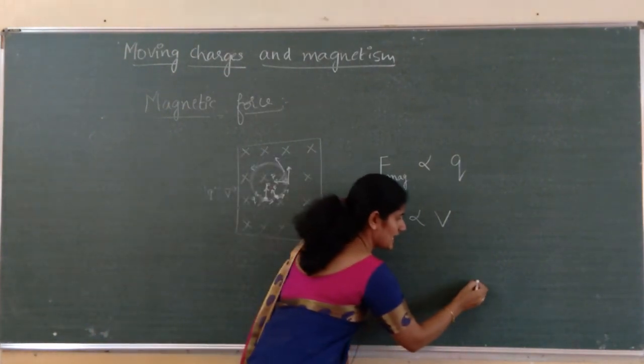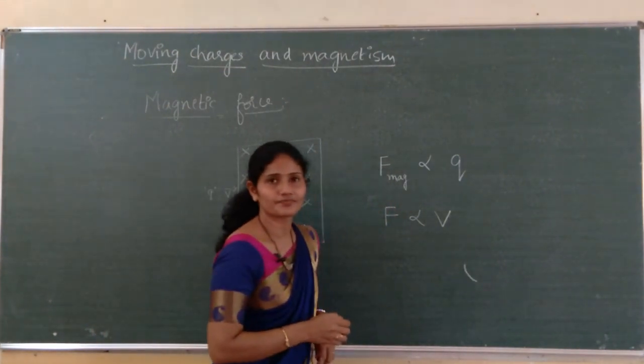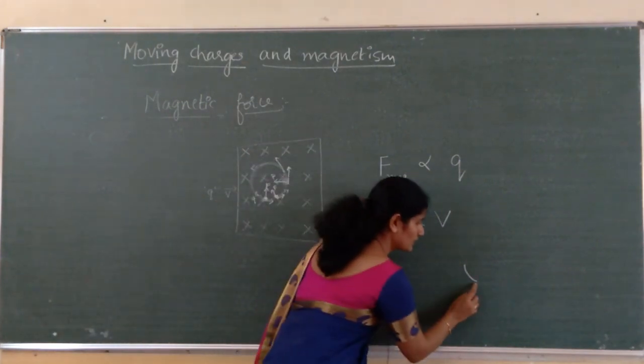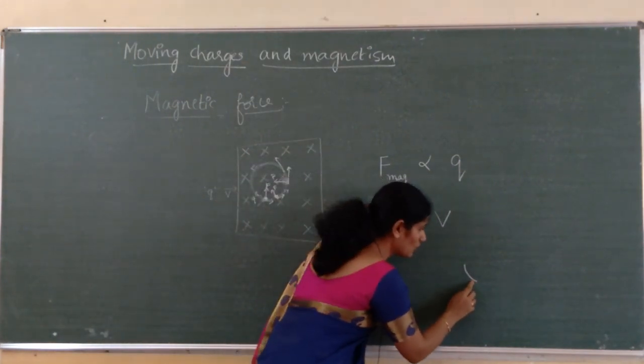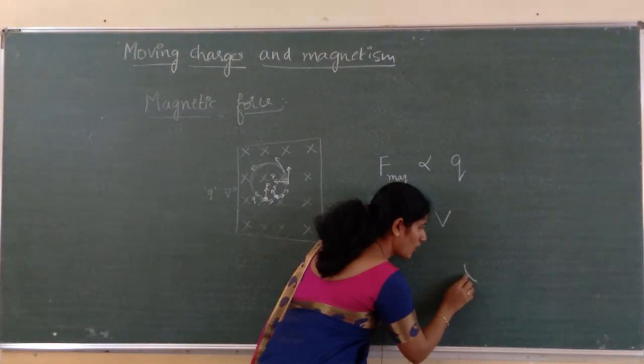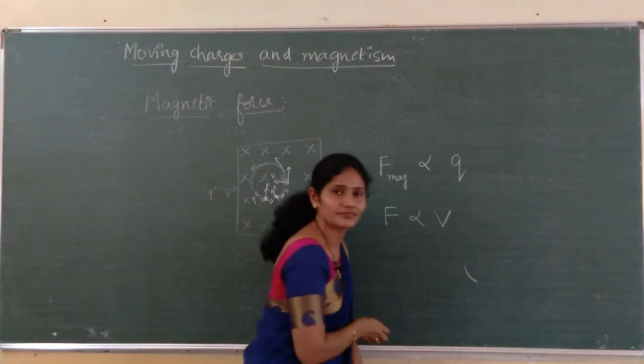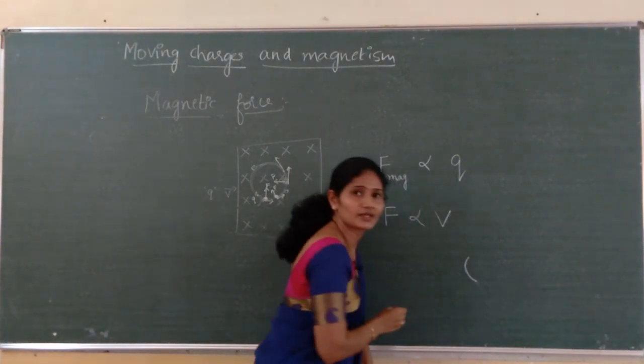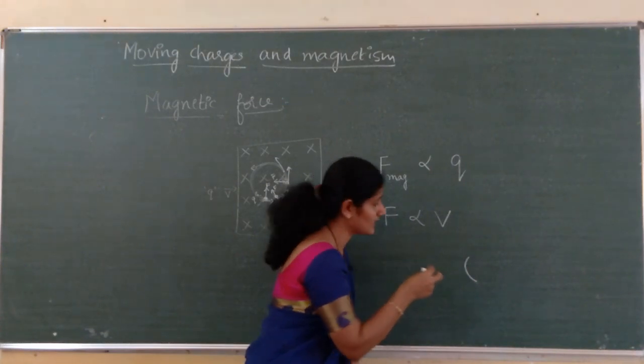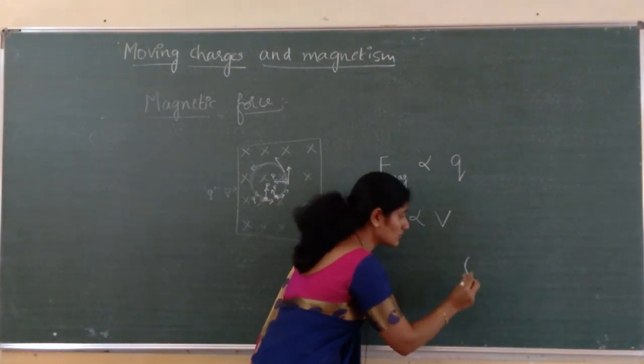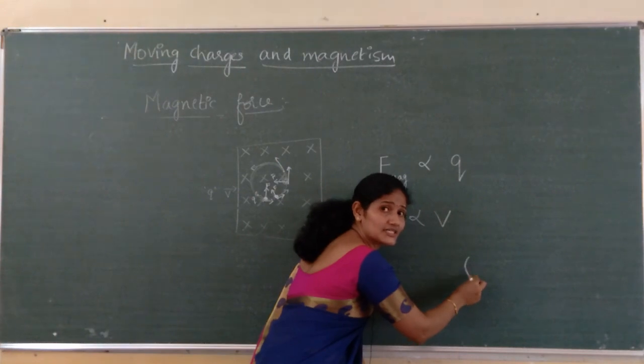If a particle has more velocity, it will follow a short circle, because the force on the particle is more. If velocity is more, the force acting on the particle is also more.